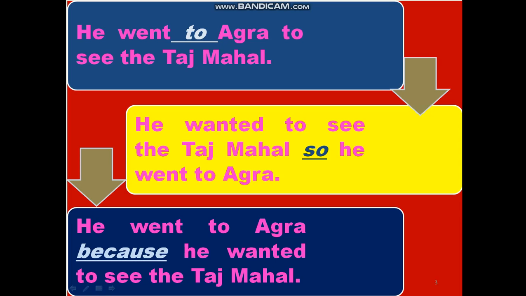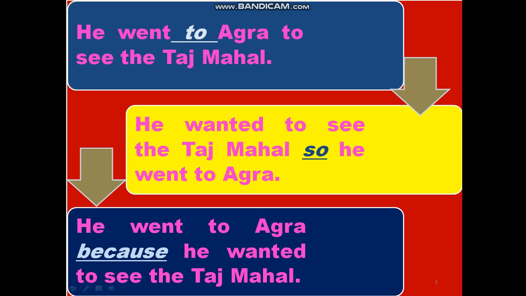So the two sentences have been combined into one in three different methods. Here we have used to combine the sentences. Here we have used the conjunction so, and here we have used the conjunction because.